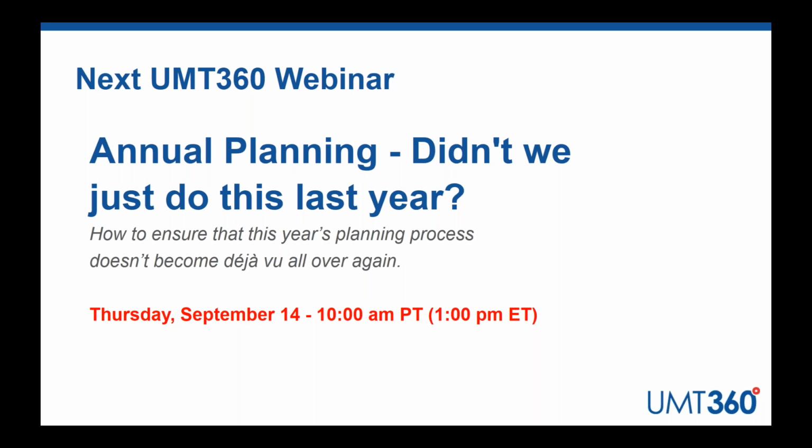Surely it can't be that time of year again. Didn't we just complete annual planning? Wasn't it overly burdensome and painful last time? So what should we be doing to evolve our top-down strategic planning processes, to move from traditional annual planning to a continuous planning model, ultimately to establish the framework needed to more effectively align all execution with strategy? That's what we'll be looking at on September 14th at 10 a.m.